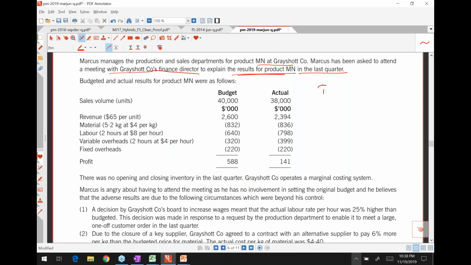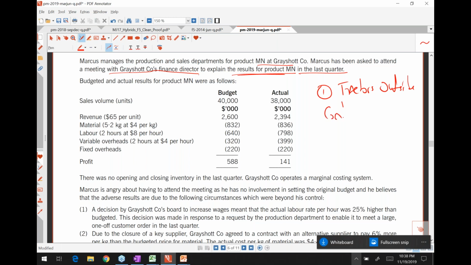Try to find the factors outside the control of the operational team.